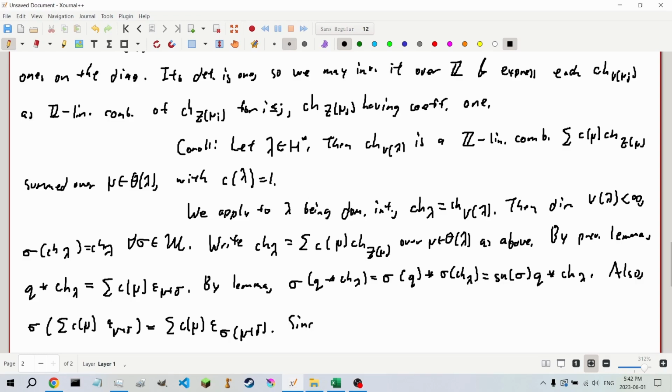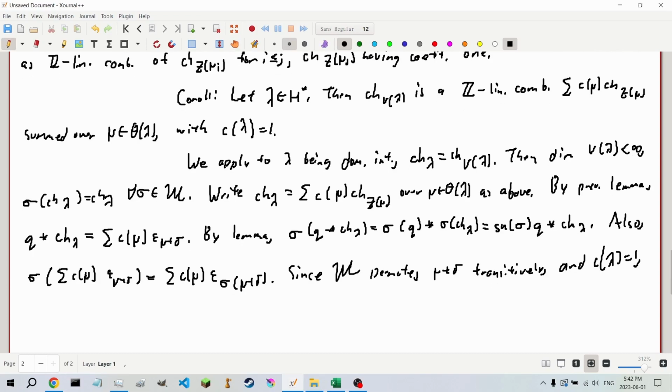However, since the Weyl group permutes the sigma of mu plus delta transitively, with of course mu being linked to lambda, and we know c of lambda is 1, we get that c of mu is the sign of sigma if sigma inverse of mu plus delta is lambda plus delta.